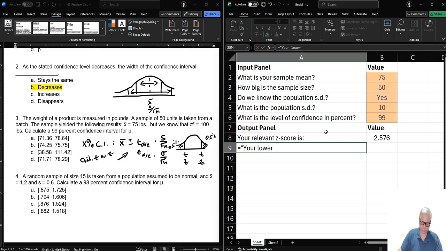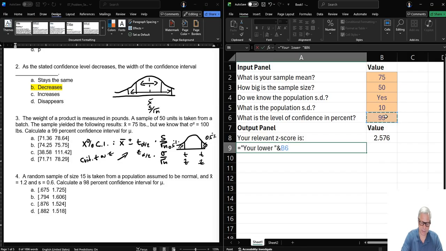So that means I stop the first part here and I close that with quotation marks. Now I add the and sign, which is above the 7 with shift, and we pick up the confidence level that the user provided in cell B7. So we just click there, and now it says your lower 99.